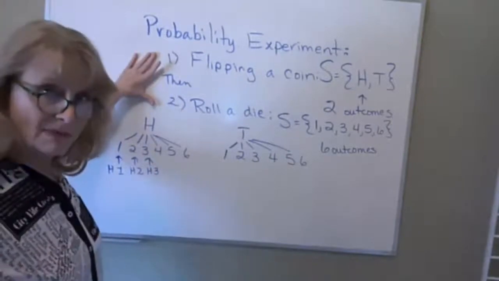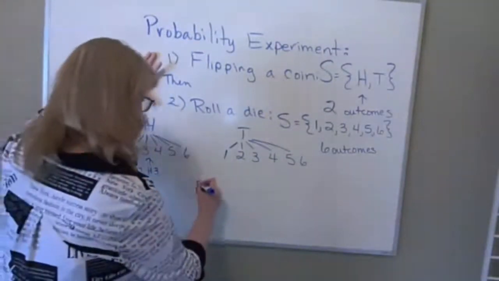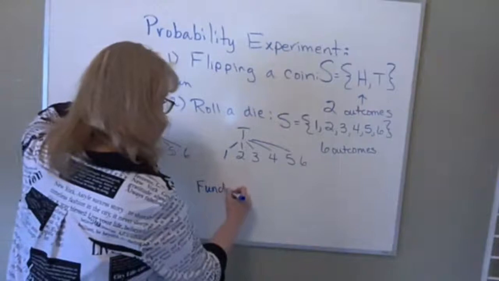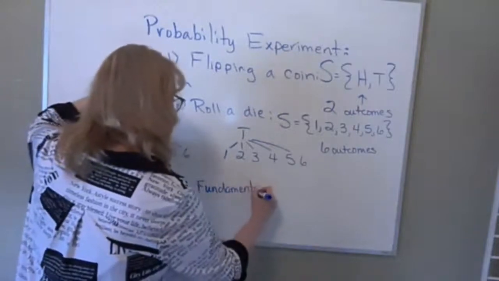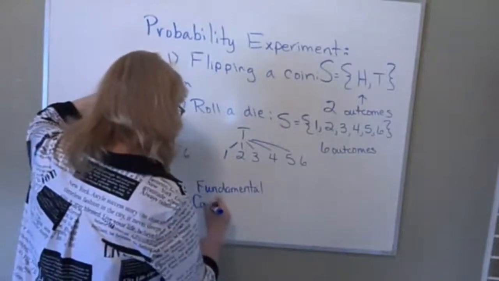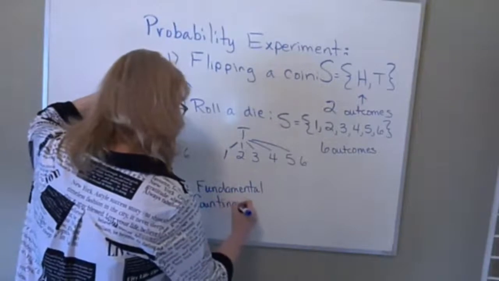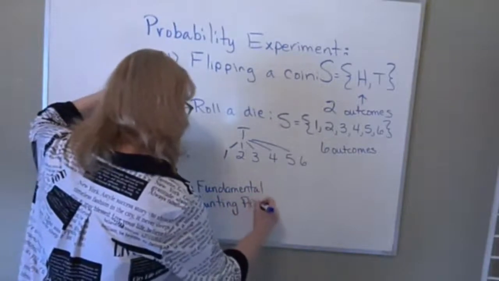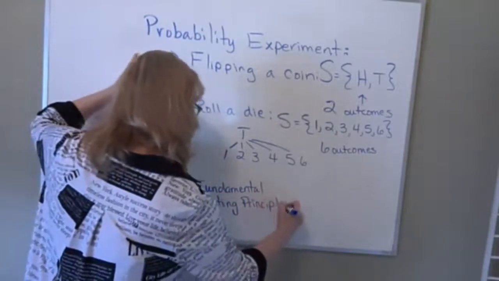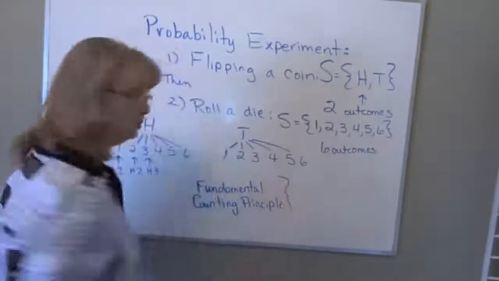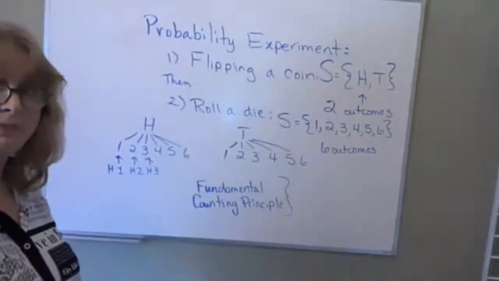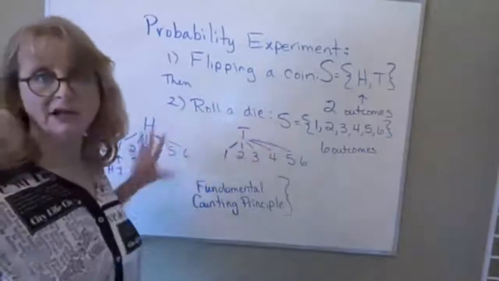Now, using the fundamental counting principle will give us the total number of possible outcomes without drawing a tree diagram.